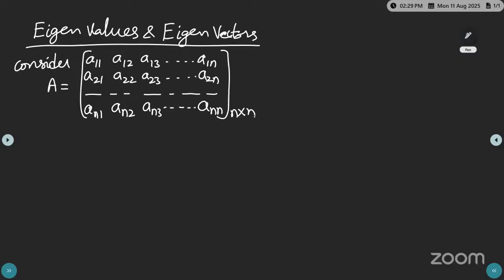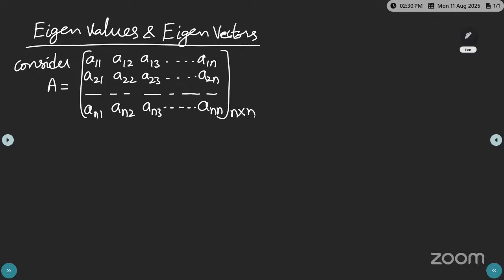Second row, A21, A22, A23, so on, A2n. And so on, An1, An2, An3, so on, Ann. How many rows? 1, 2, 3 up to so on, n. How many columns? 1, 2, 3 up to so on, n. It's a square matrix.